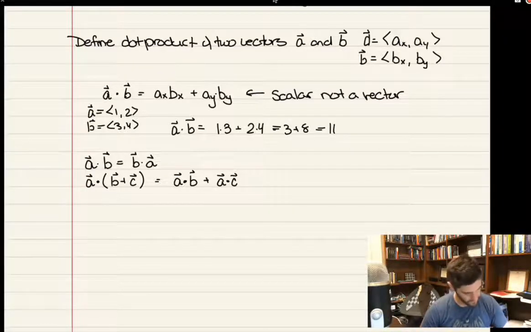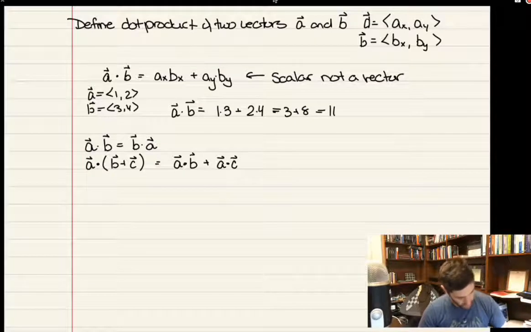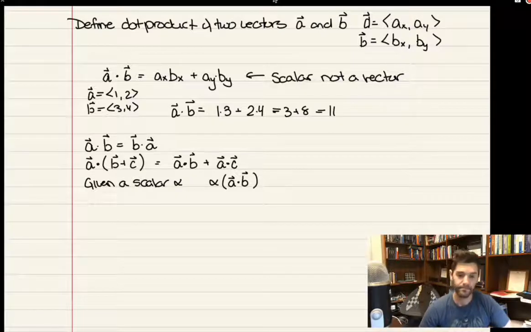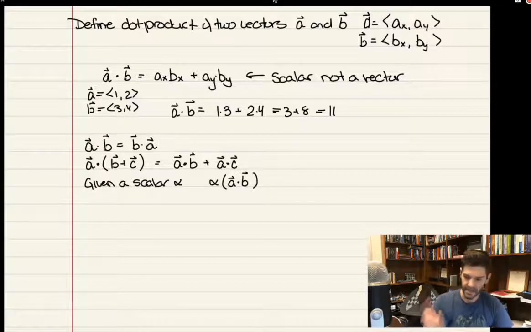Let's see, given a scalar alpha, I could have alpha times (A dot B). There I could take the dot product, that gives me a number, then I multiply that number by alpha.